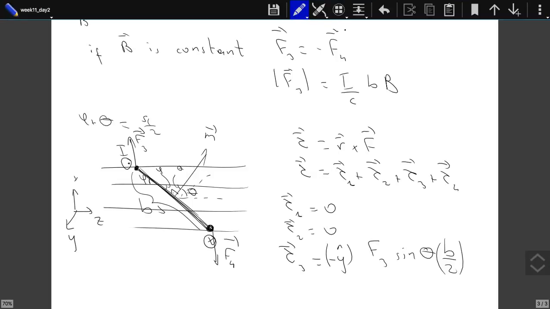Now, R is in that direction. R is the position of the action point of my force relative to the origin. This is the direction of R. This is the direction of F. They're not perpendicular to each other. This is my R. This is my F, and the angle between the two is phi. So it's not sine theta, it is sine phi.